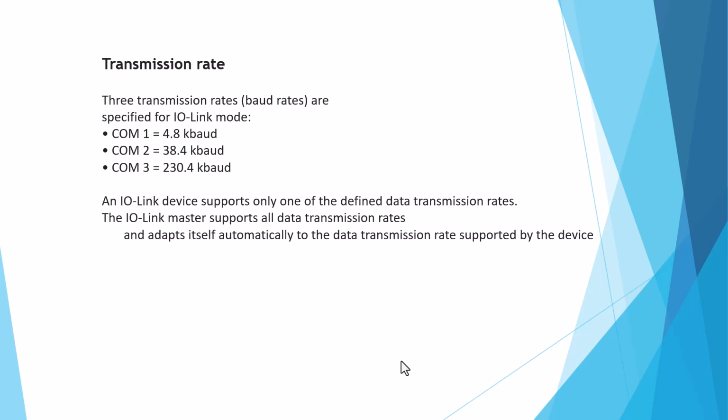An IO-Link device supports only one of the defined data transmission rates. The IO-Link master must support all the data transmission rates and adapts itself automatically to the data transmission rate supported by the device.